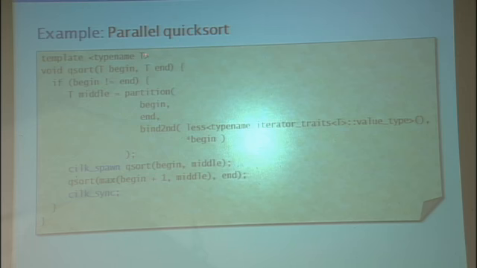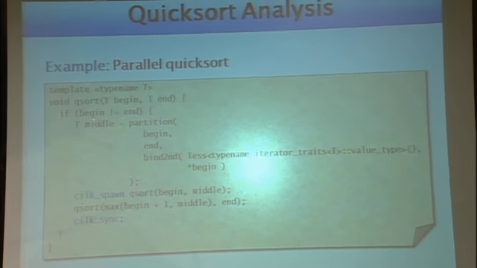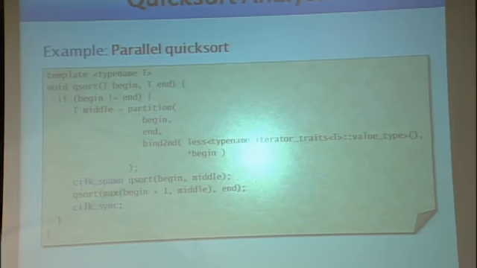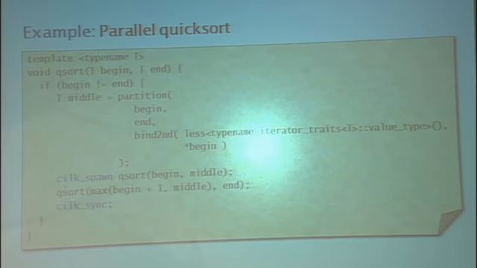So we have a variable T, and we're going to quicksort from the beginning to the end of the array. And just as you're familiar with quicksort, if there's actually something to be sorted, more than one thing, then we find the middle by partitioning the thing. And this is a bit of C++ magic to find the middle element. And then the important part from our point of view is after we've done this partition, we quicksort the first part of the array from beginning to middle, and then from the beginning plus 1 or the middle, whichever is greater, to the end.